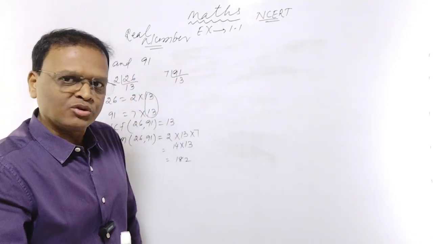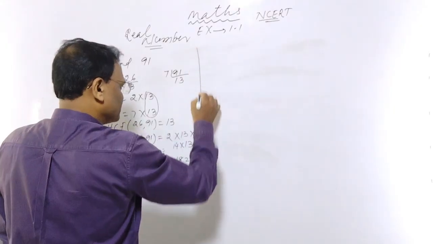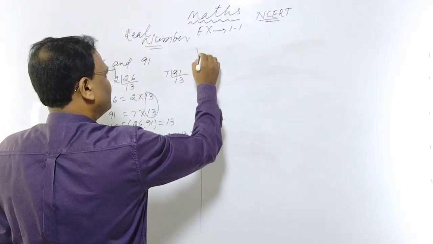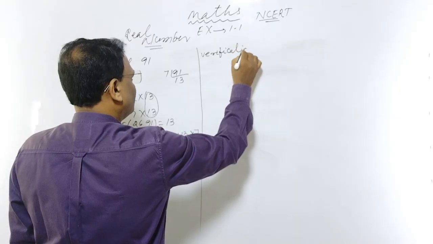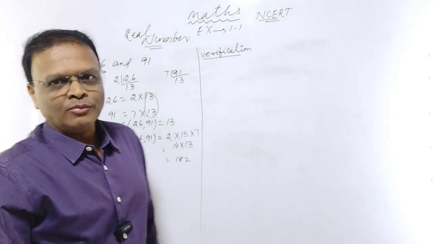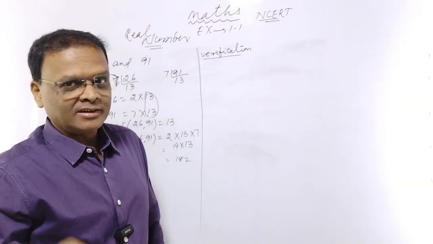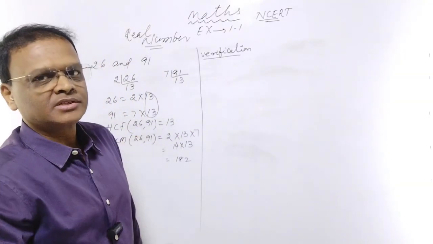The first part of the question is over. Now the second part is the verification part. We have to verify that HCF into LCM is equal to the product of the two numbers.